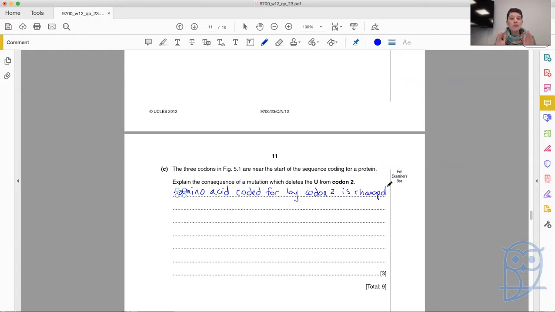This is an example of a frame shift mutation. So everything is going to move, which means that every amino acid downstream is going to be different. So every subsequent codon is different.